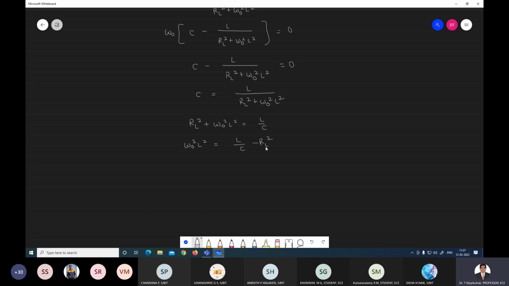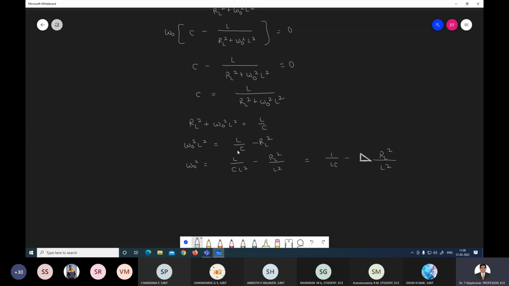Then we want only omega naught square, therefore this becomes 1 by LC minus RL square divided by L square.